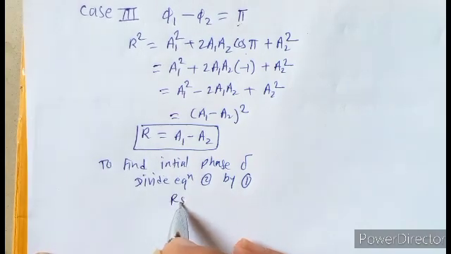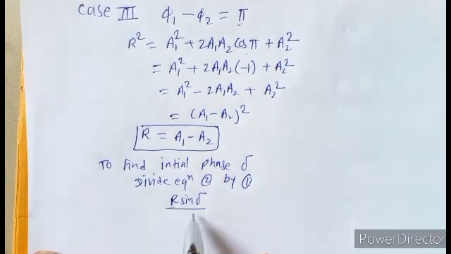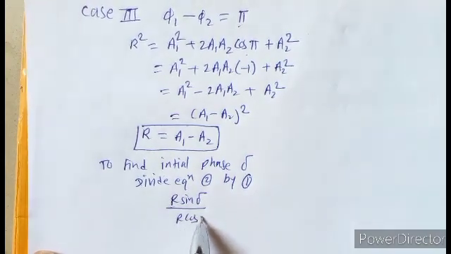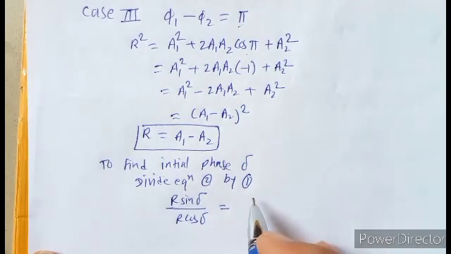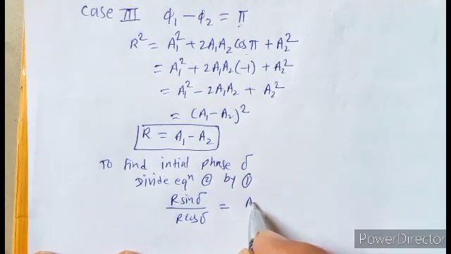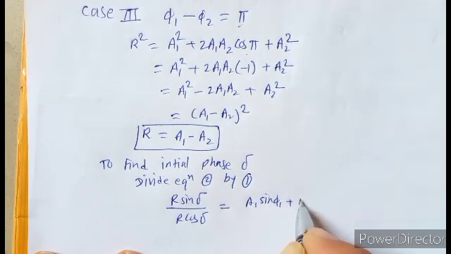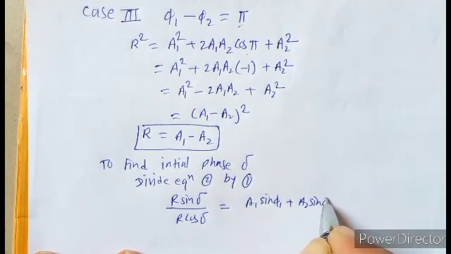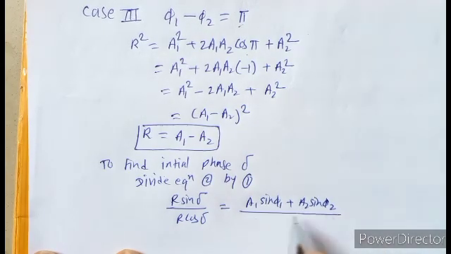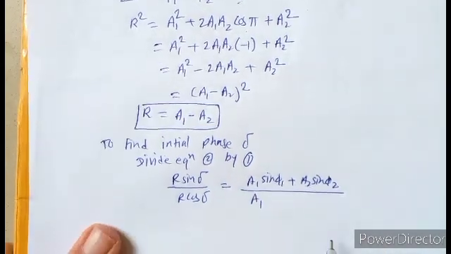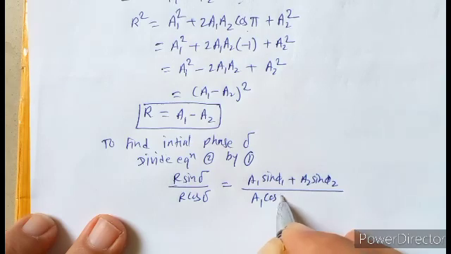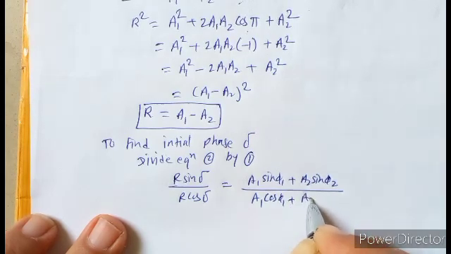So r sin delta divided by r cos delta is equal to a1 sin phi 1 plus a2 sin phi 2 divided by a1 cos phi 1 plus a2 cos phi 2.